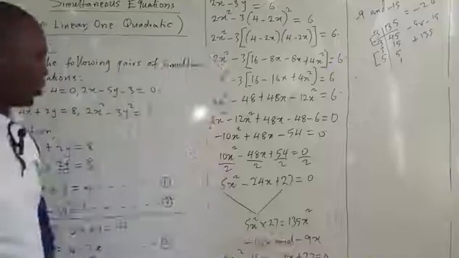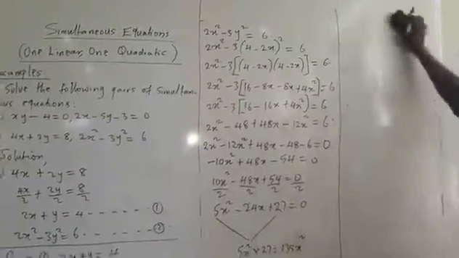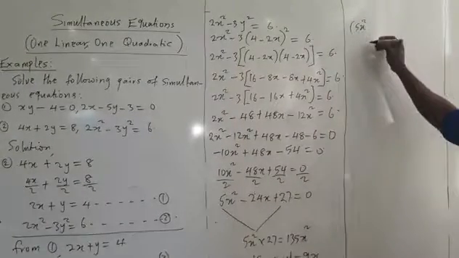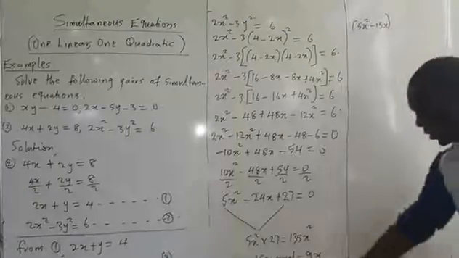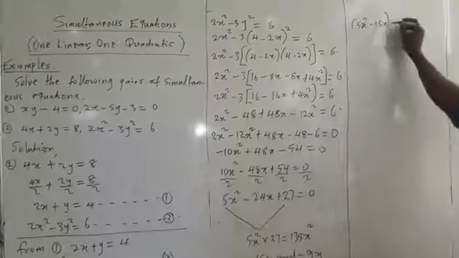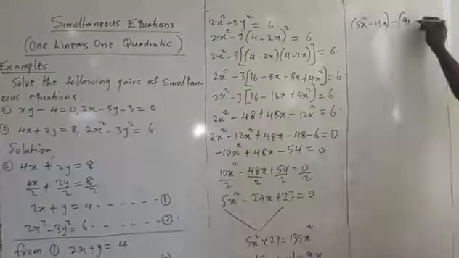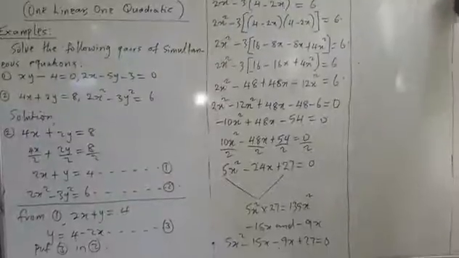The next step to do is to group. So we now have 5x squared minus 15x in bracket. Then if we factor out minus, we are left with 9x, and this plus will become minus, that is minus 27, equals 0.